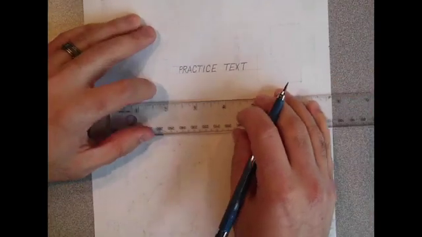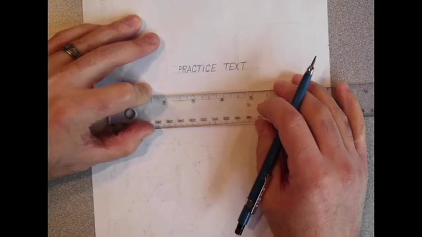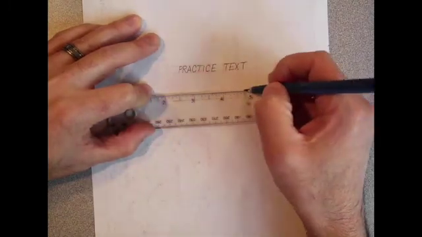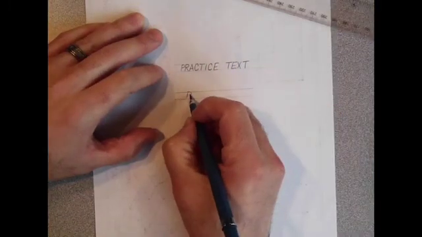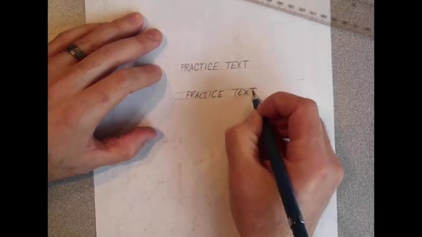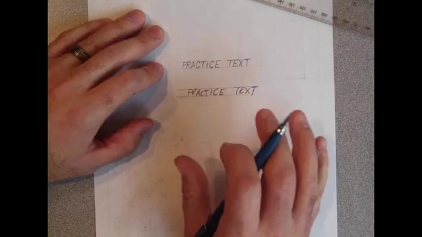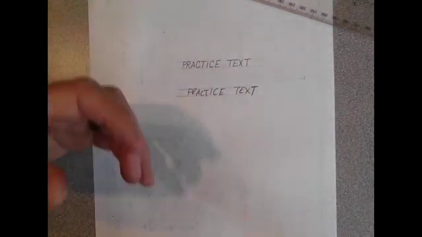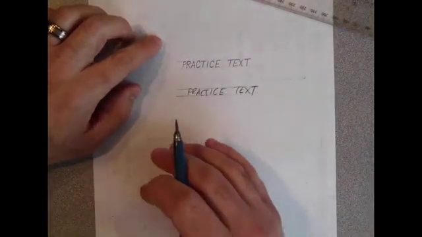If I were to try and do this faster, and just go like this, that's harder to read. The whole point of a technical drawing is clarity. You're making something that you can give to somebody and that they can quickly and easily see what's going on so that they can do something with that drawing that has a practical purpose.